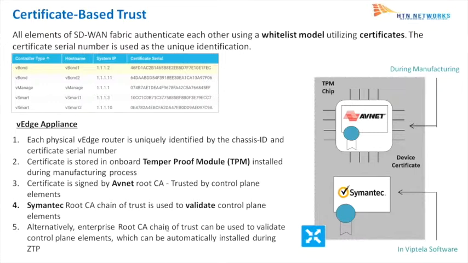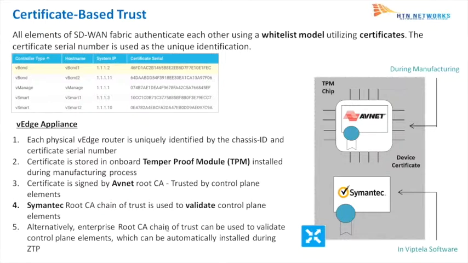Each physical vEdge router is uniquely identified by the chassis ID and certificate serial number, and this serial number and certificate serial number is already there on board on the TPM, which is installed during the manufacturing process, so nobody can tamper with it.